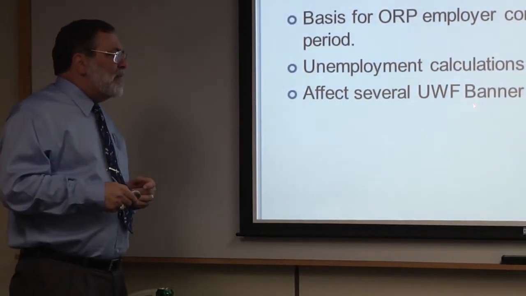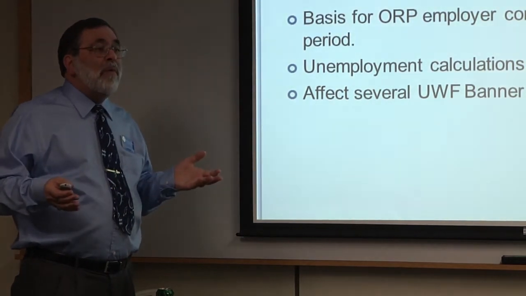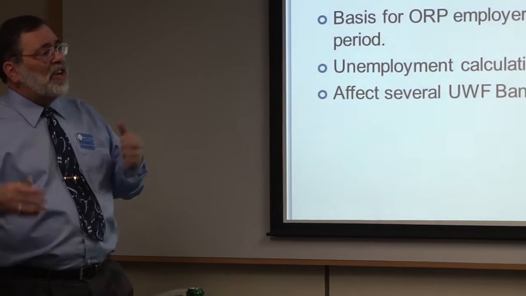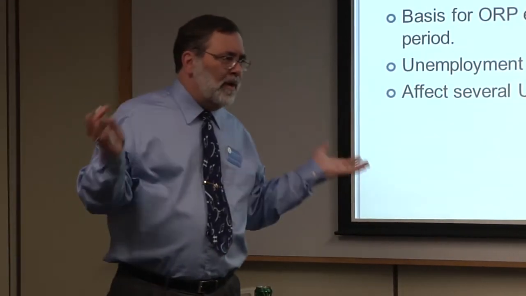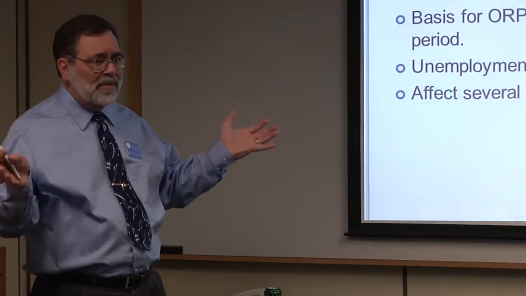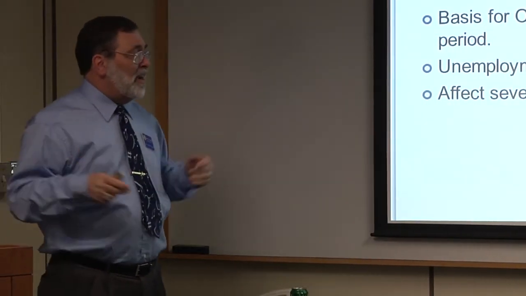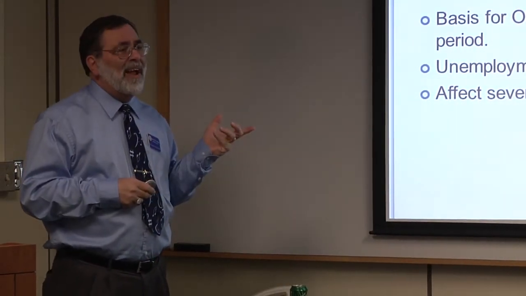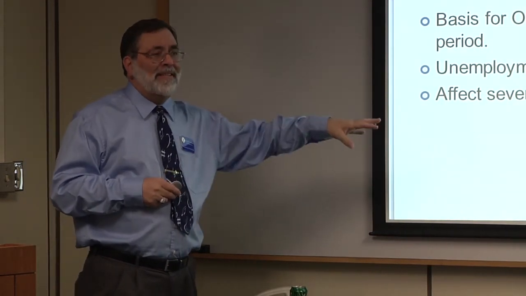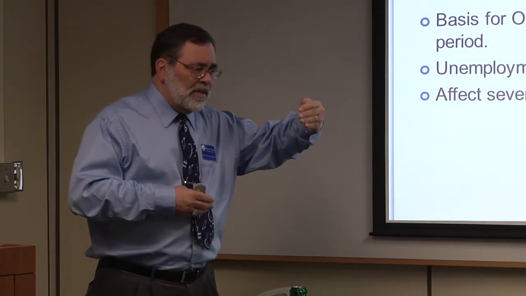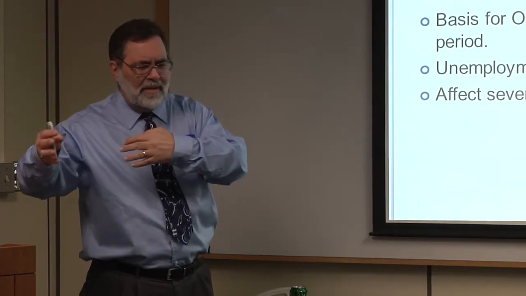A lot of this is outside the realm of what I would call your personal immediate concerns, but once you become a chair or a department person that's in charge of a particular project or a certain area of the campus, suddenly you start to have this as a concern. What are your encumbrances, your expenditures, and the disbursements?